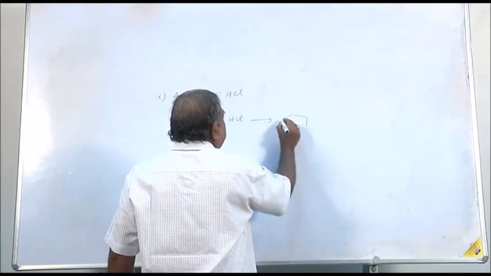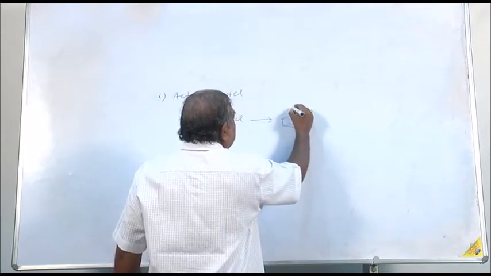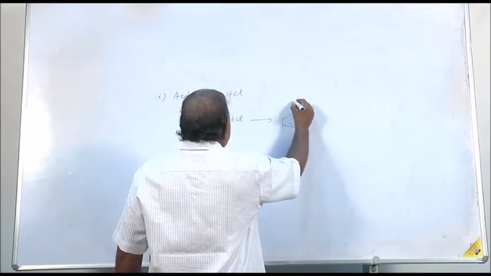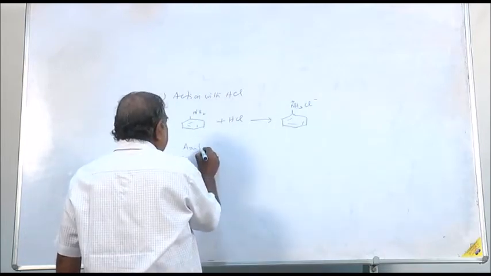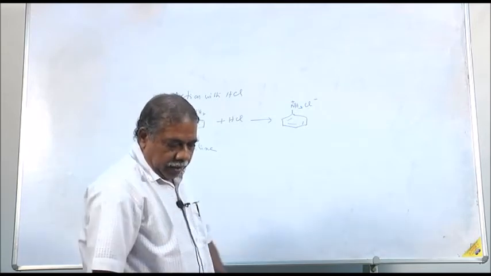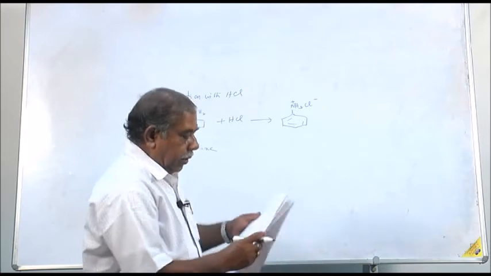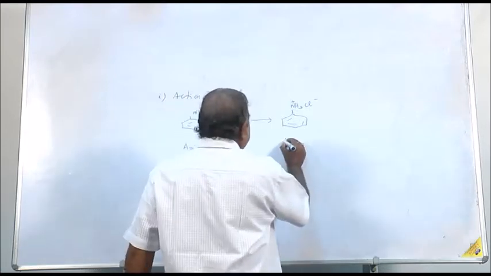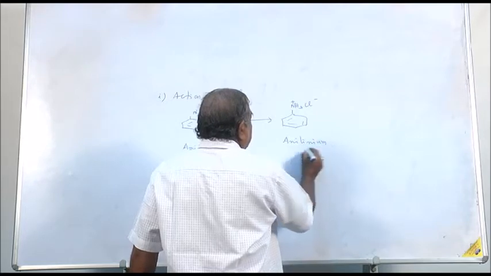You will find C6H5NH3+ Cl-. This is your anilinium chloride, it is called anilinium chloride.